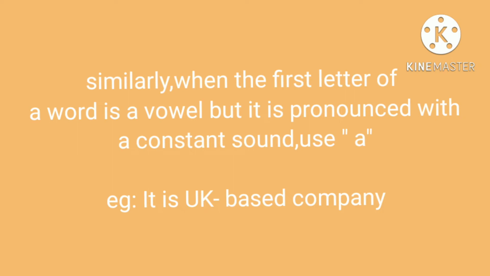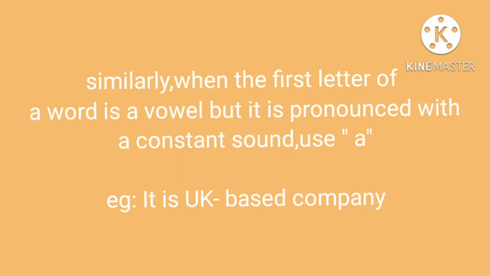Similarly, when the first letter of a word is a vowel but is pronounced with a consonant sound, we must use "a", as in the sample sentences below. Even though it's a vowel letter, it's pronounced like a consonant sound. Example, it is a UK based company, or she is a United States Senator.